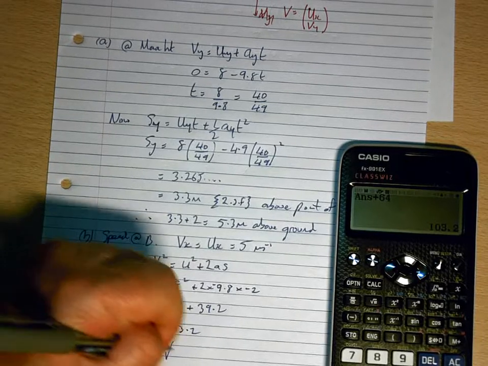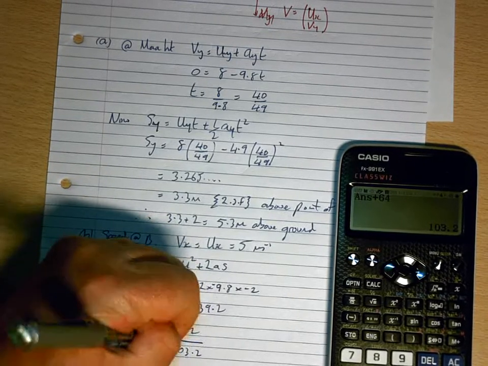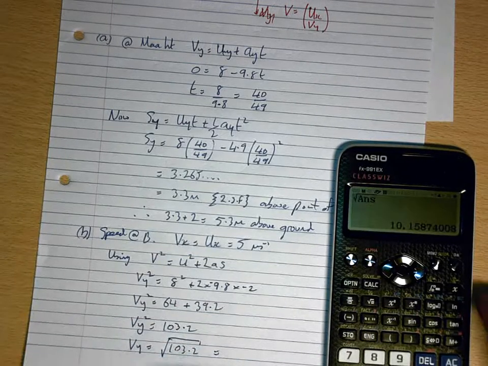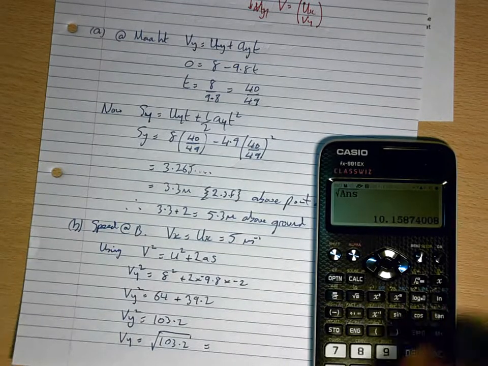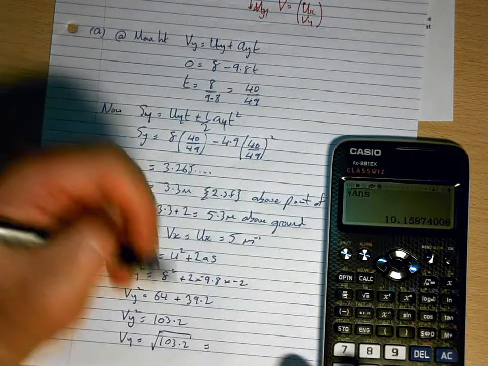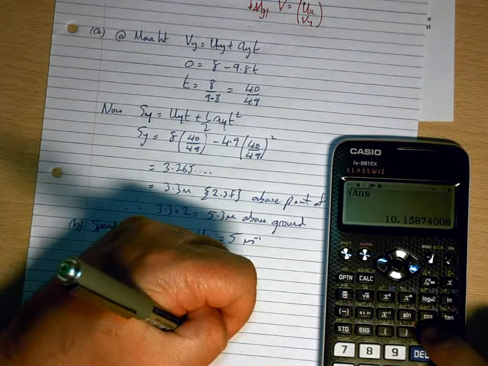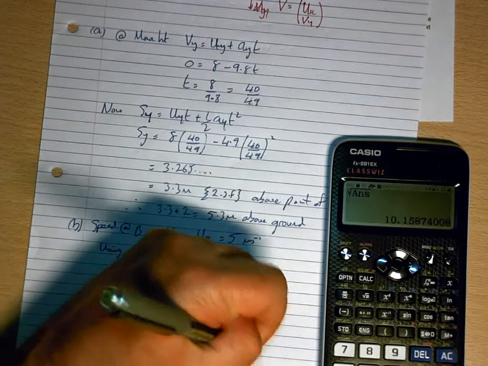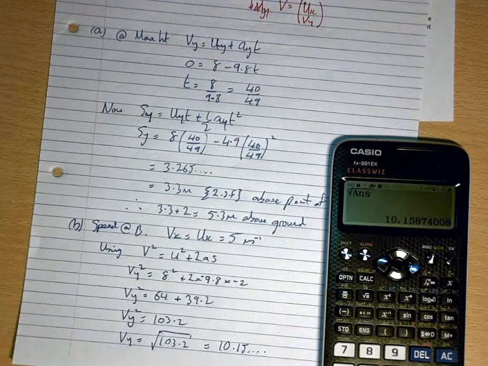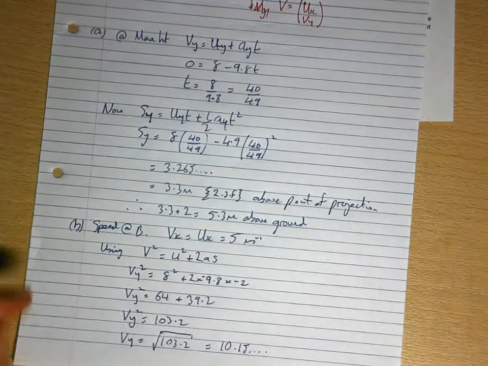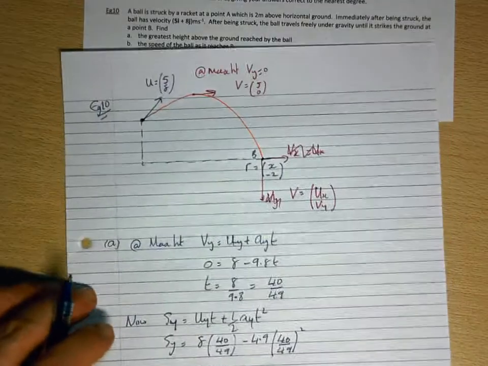Vy is the square root of 103.2, which is 10.15 and so on, which I'm going to store in x, because what the question's asking me for, if I get back to it, is the speed.